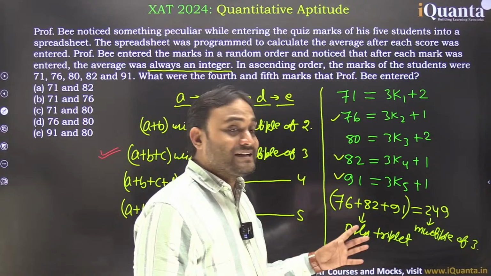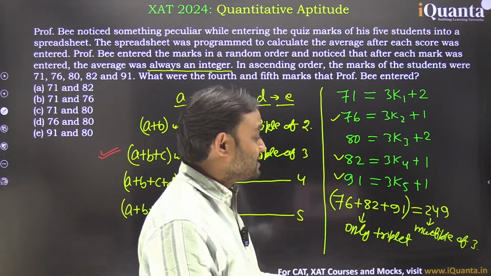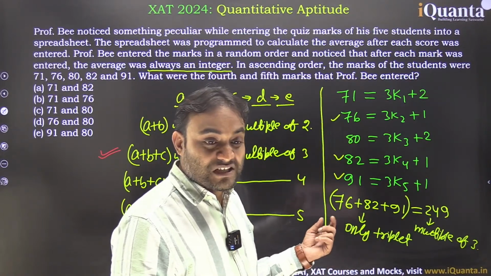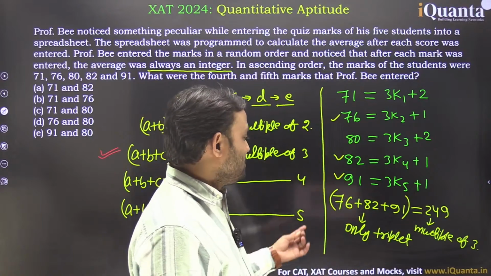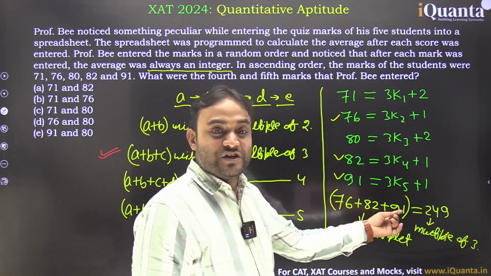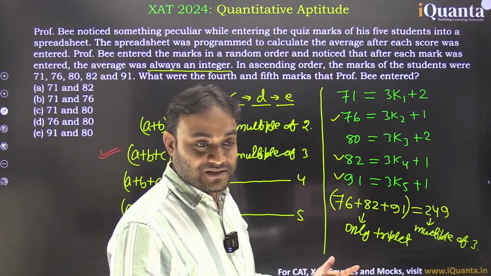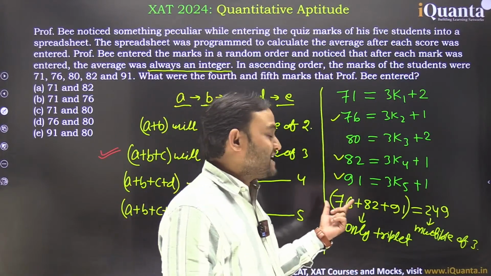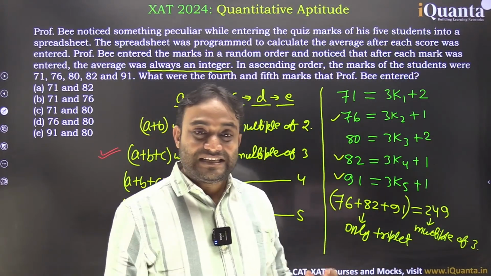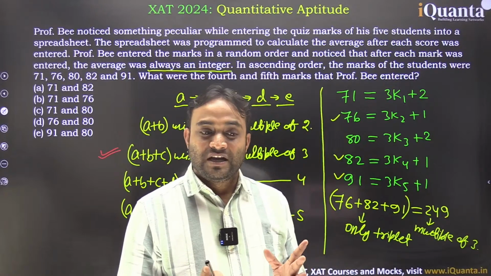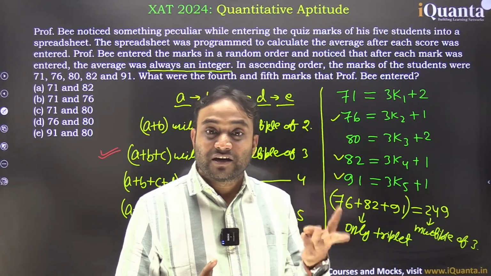So that's how we can say that these 3 numbers were taken in that order. We can also find the third number. Out of 76, 82, 91, we know that these 3 will be the first 3 numbers. Can you tell me what will be the third number?